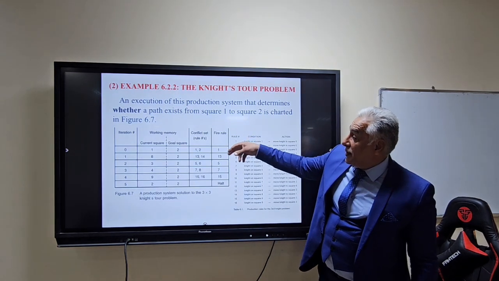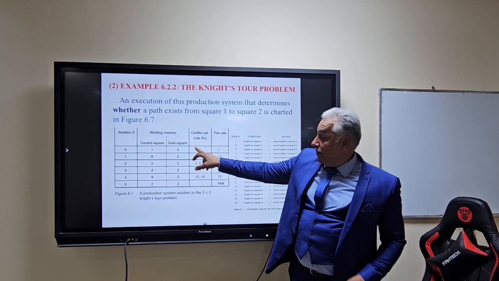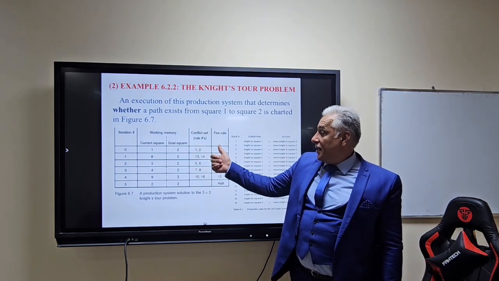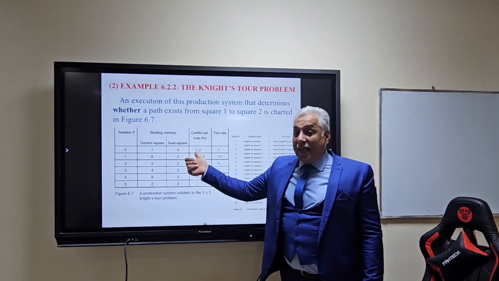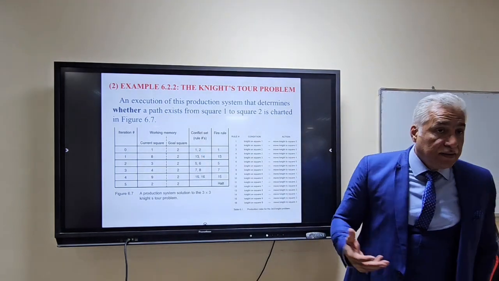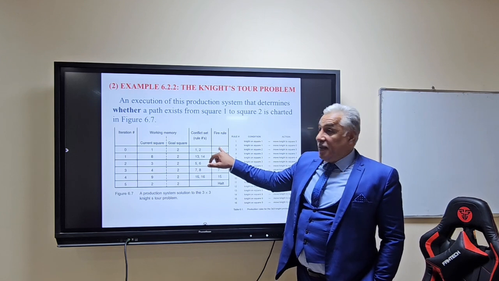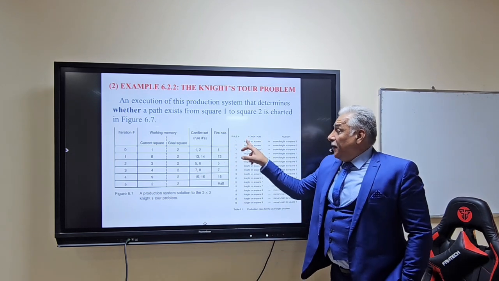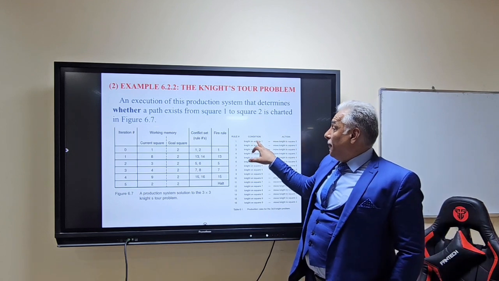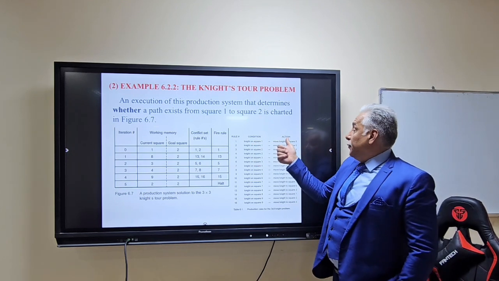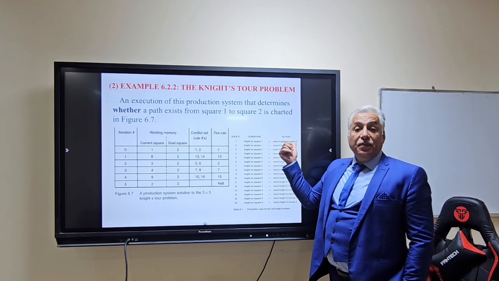First, I write the rules in the conflict set: rule 1 and rule 2. Thus, I will select the first one to be fired. I write fire rule 1. Now, implement the first rule. When the knight is on square 1, the knight will move to square 8.